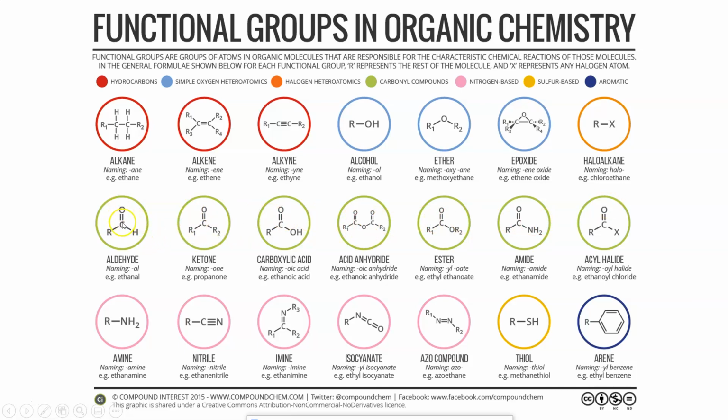In this case, the aldehyde has a hydrogen right here at the end. The ketone has another hydrocarbon chain attached to that carbon. To be a carboxylic acid, we need a hydroxide attached to that carbon. To be the anhydride, we have another oxygen with a different ending of the molecule, if you want to say so, right? And so on and so forth, okay?